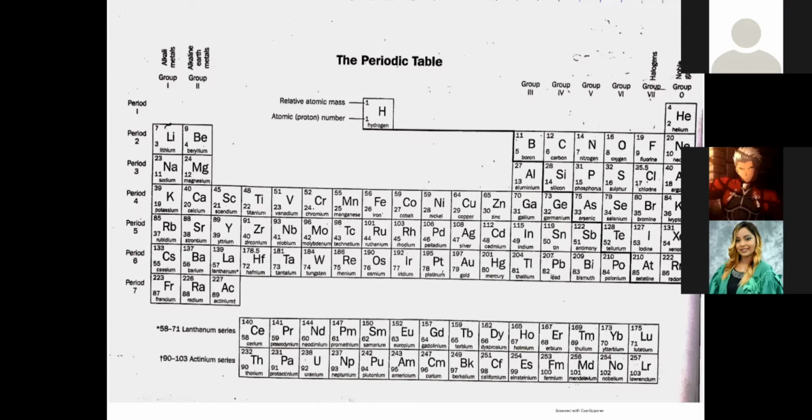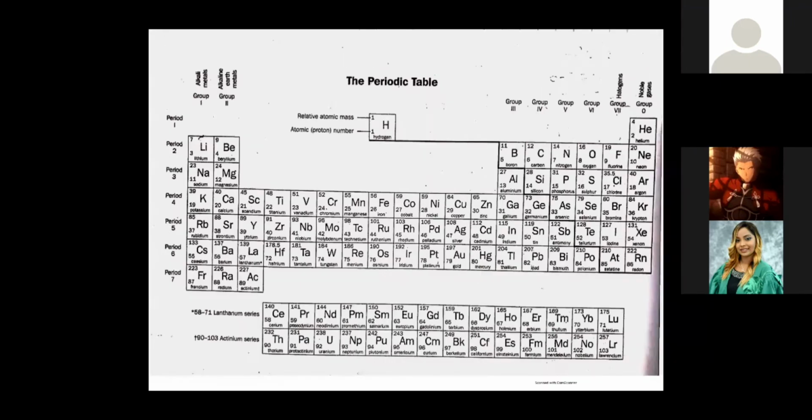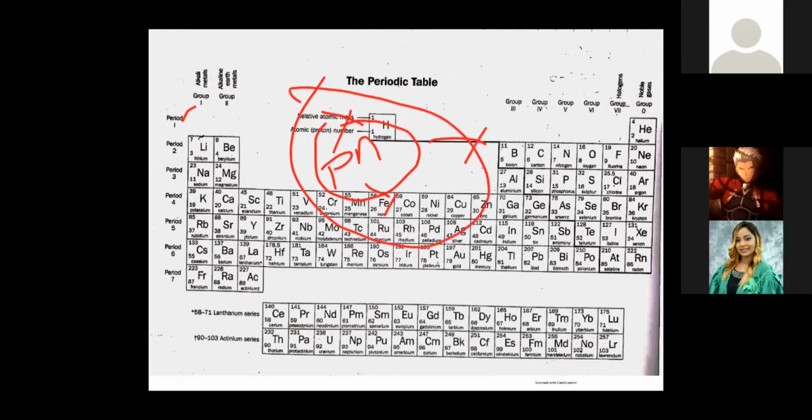Now, each element in a group has the same number of electrons in the outer shell from groups 1 to 7. If I go and draw, let me say, lithium, lithium belongs to group 1. Lithium has 1, 2, 3 electrons. In this outer shell there is 1 electron, which corresponds with the group number, group 1.